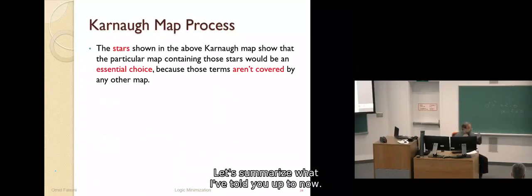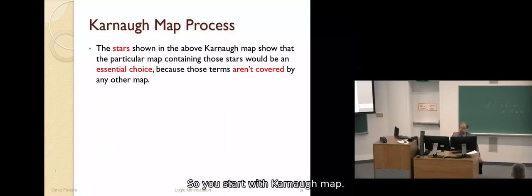Now let's summarize what I've told you up to now. You start with the Carnot map, you find prime implicants, then you find the essential ones, then you select them. You put stars for those that are not covered by anything else, so they are essential.